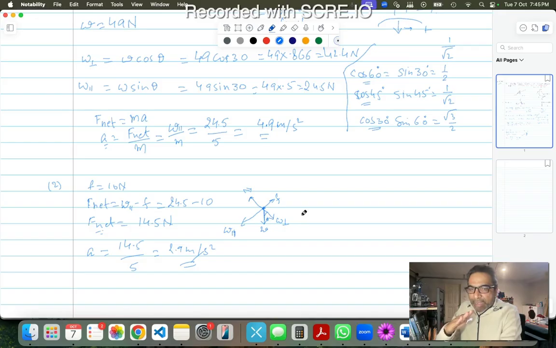When we are on an incline, there are two components for the weight: one is the parallel one and one is the perpendicular one. If there is no friction, then the parallel one is equal to F net. That's the only condition. If there is friction, then we have to calculate like this: we have to subtract the friction, right? Now you got it? Cool. That's nice.